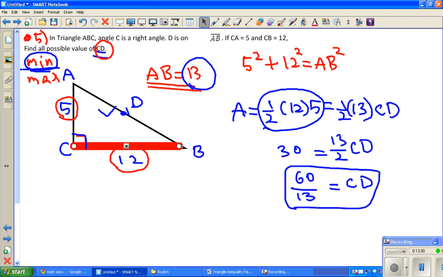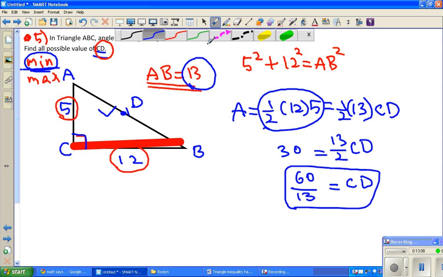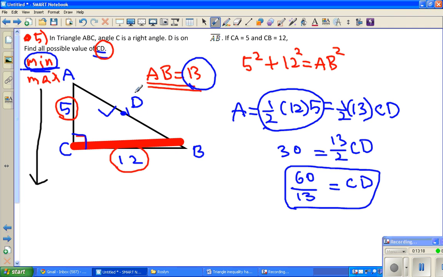If you move towards B, then it will be the longest. In other words, the longest, meaning the maximum. Let me try to talk about this one. Maximum, in fact, has to be when D is near B.